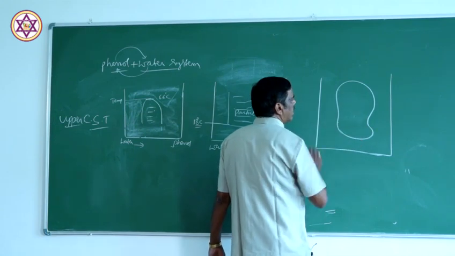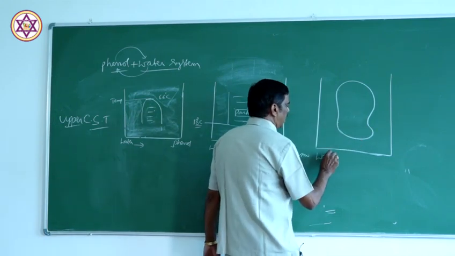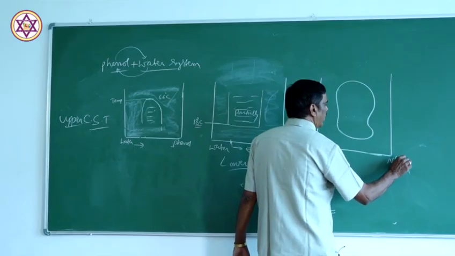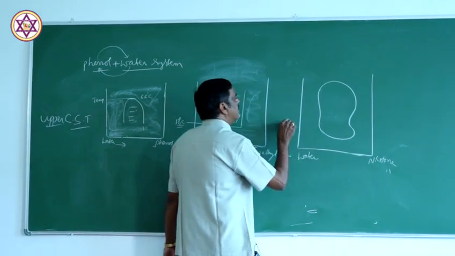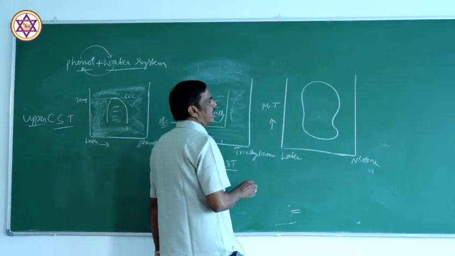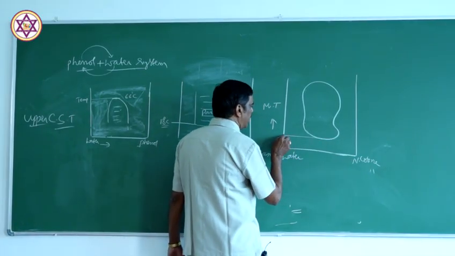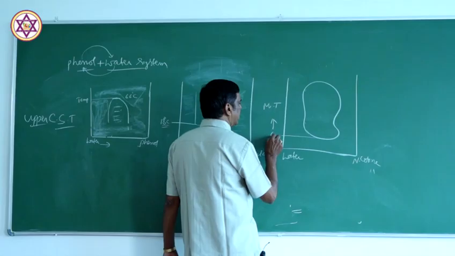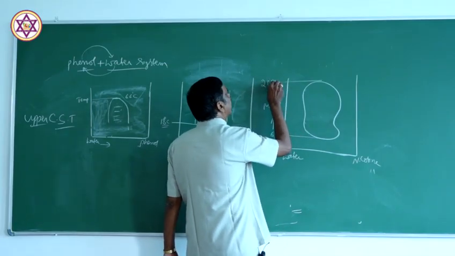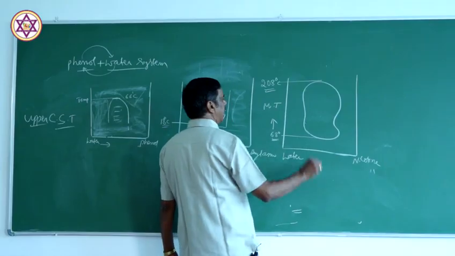In this nicotine water system, this is water, this is nicotine percentage, and this is the miscibility temperature. What happens at this temperature? It is 68 degrees. This is 208 degrees.